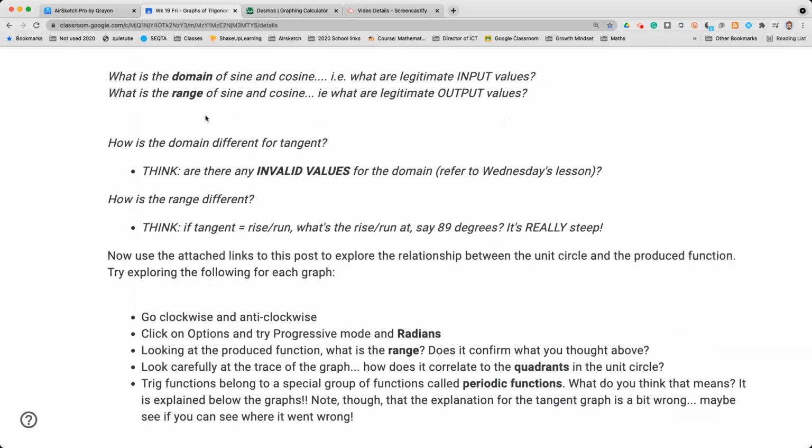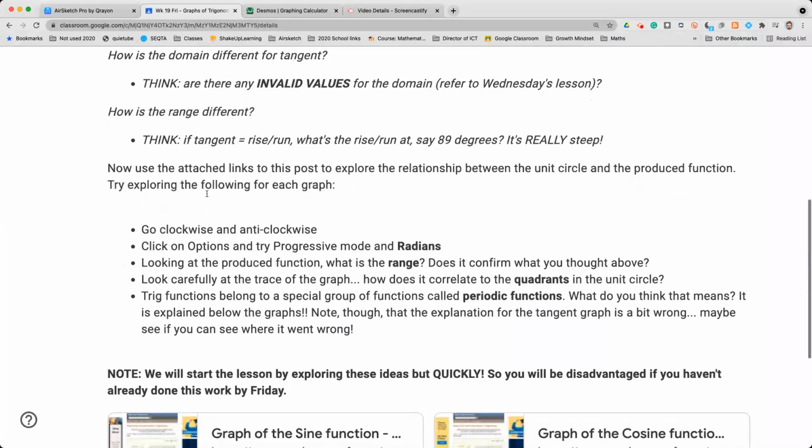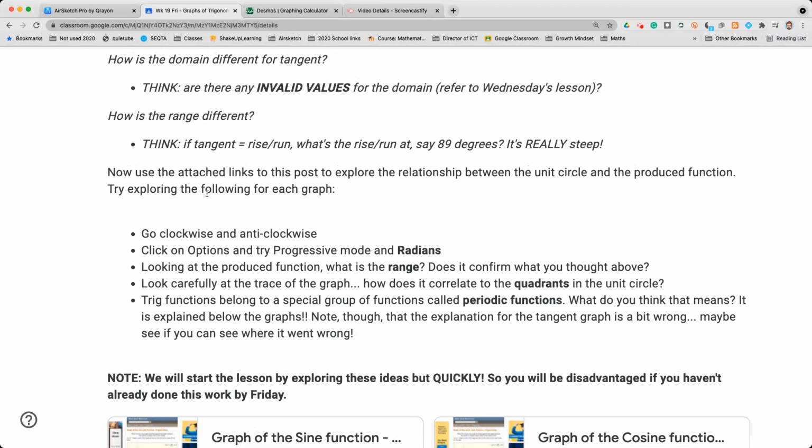All right, that's that. Then I asked you to consider tangent. And I gave you a prompt here as well. Are there any invalid values for the domain, i.e., are there any inputs that don't work? If you've thought about it before, you probably have an answer here if you've done your homework.